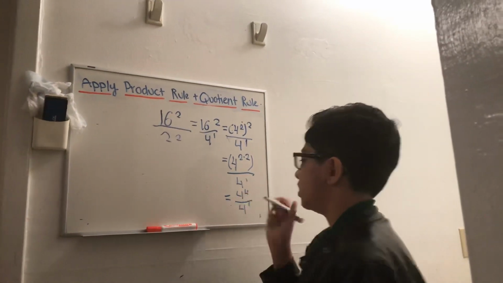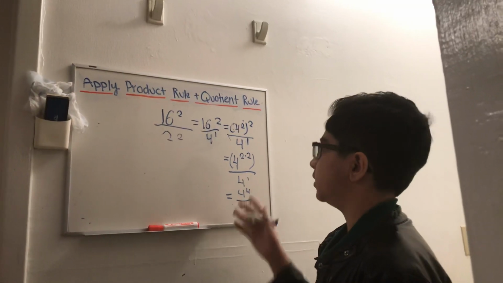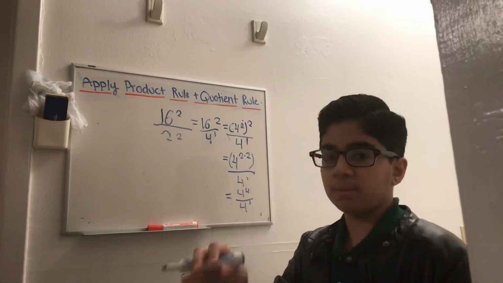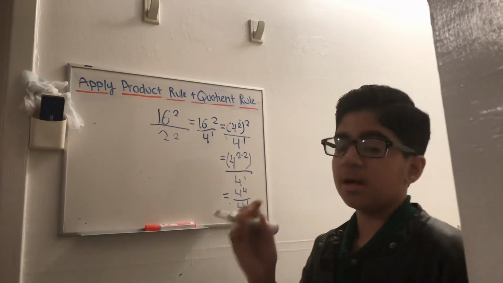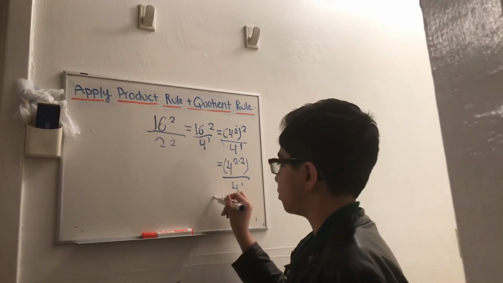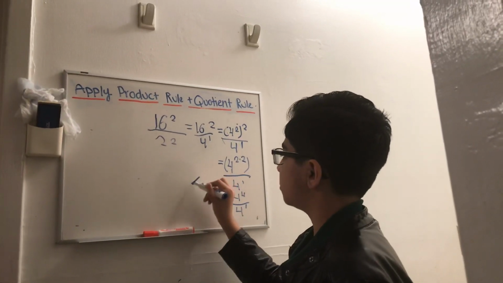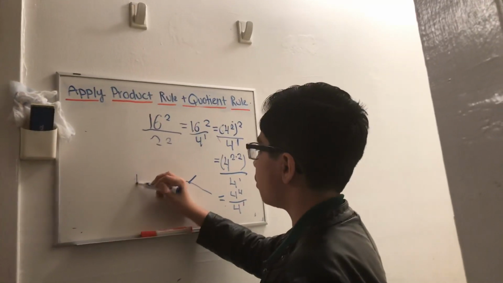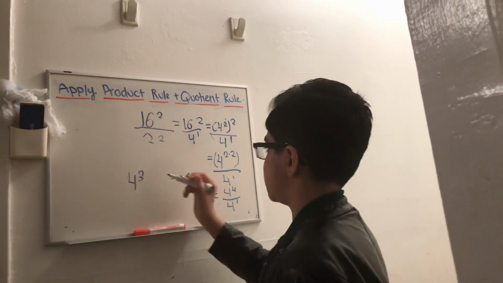And also here, you apply the quotient rule. So when you're dividing two powers that have the same base but different exponents, essentially, you subtract the exponents. So let's just take this here, and this will result in 4 to the power of 3.